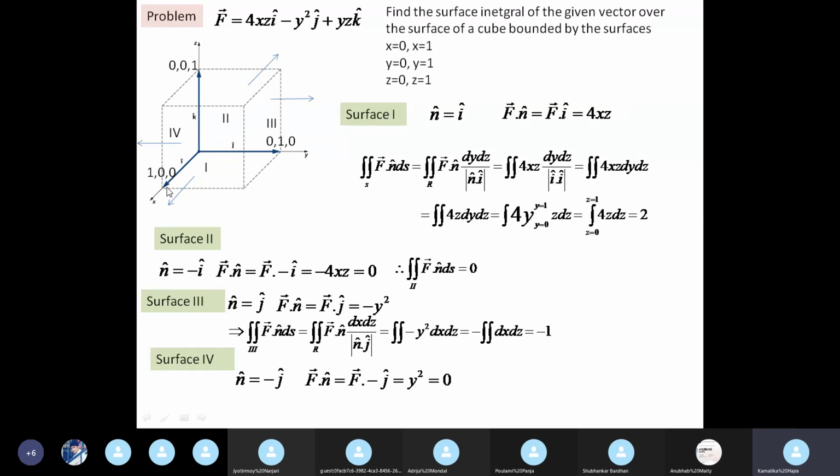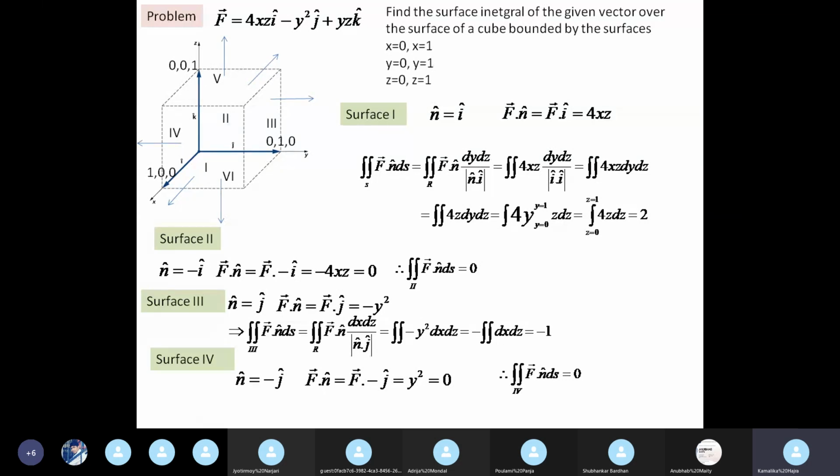So f dot n cap is 0, and therefore the integration on surface 4 is equal to 0. Alright. So next we are left with surface 5 and surface 6. Surface 5, this is the normal along k cap, and surface 6, this is the normal along minus k cap.